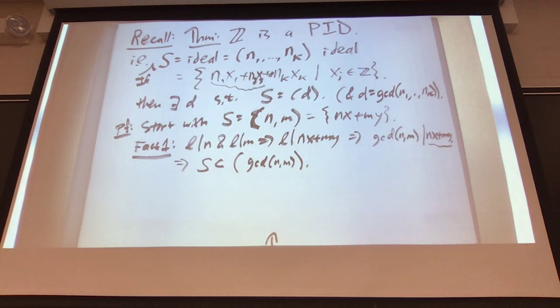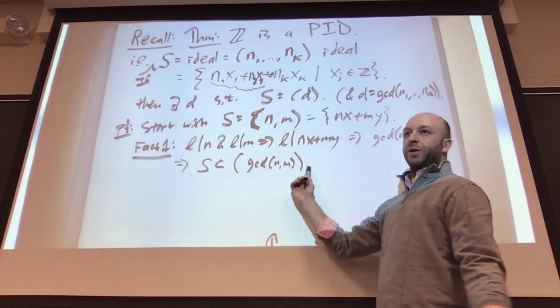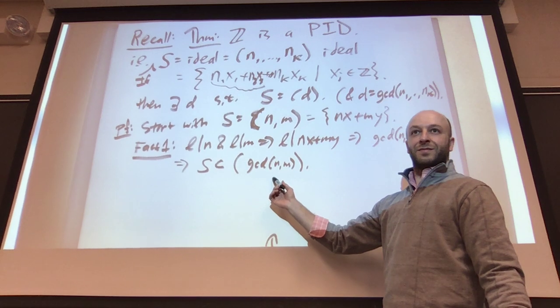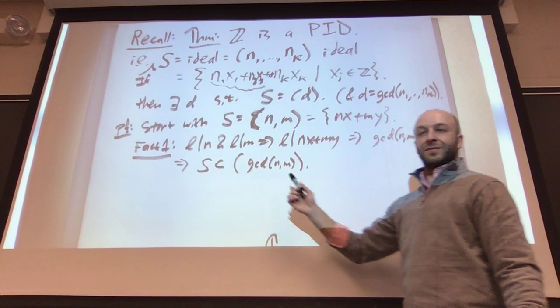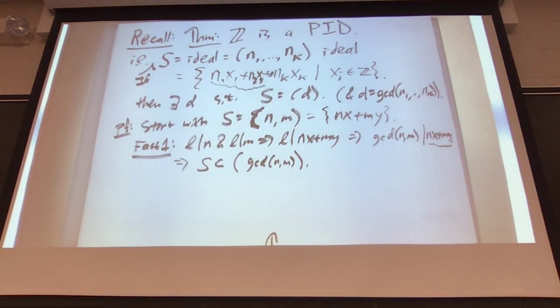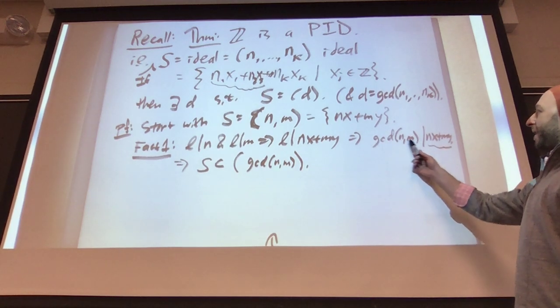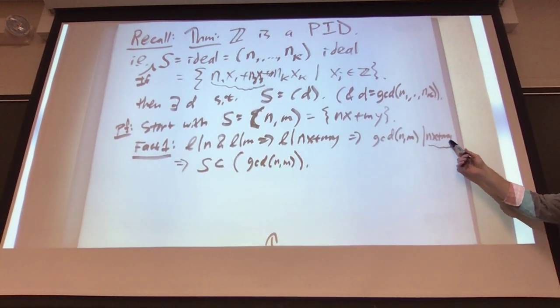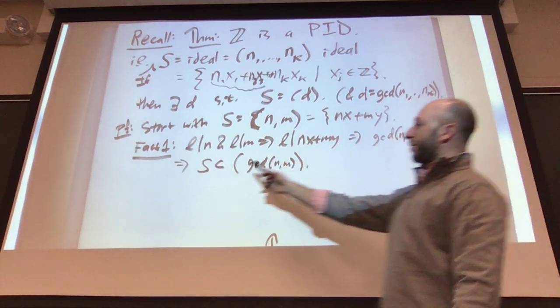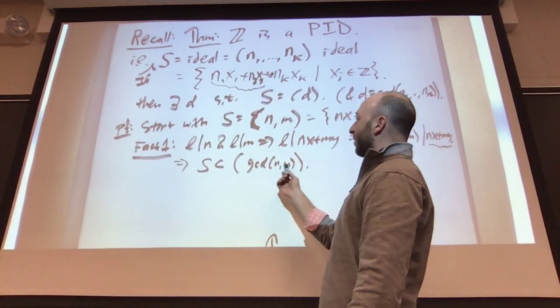In other words, it's contained inside the ideal generated by the GCD. Does that make sense? The GCD of n and m always divides nx plus my. So anything that's of the form nx plus my is a multiple of the GCD.